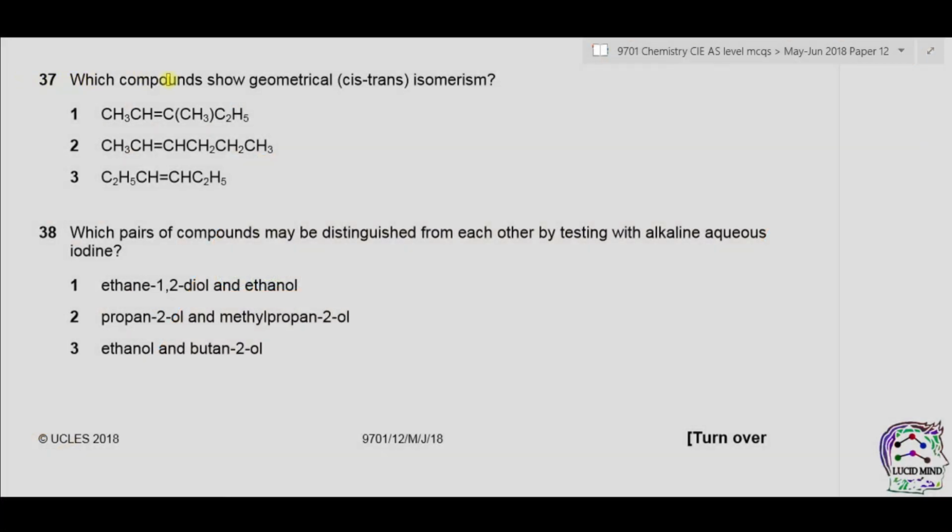Question 37. Which compounds show geometrical cis-trans isomerism? For cis-trans, there should be two things. One, a double bond must be present. Second, the carbon atoms making the double bond must be attached to two different elements or groups. Let's draw option 1. We have CH3 bonded with carbon.